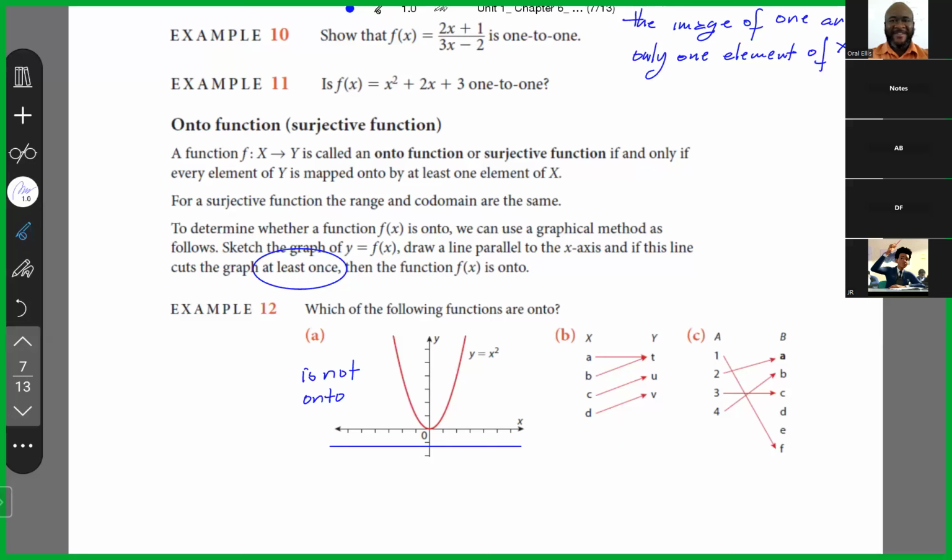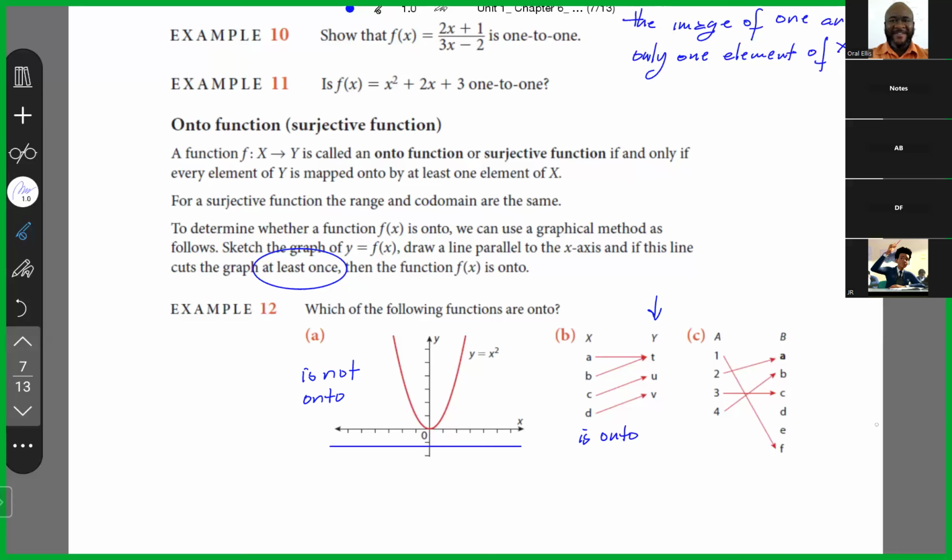All right, now for B, you can notice that every element in the codomain Y is the image of at least one element in the domain X. Every element of the codomain Y is an image of at least one element in the domain X. Therefore, B is onto.